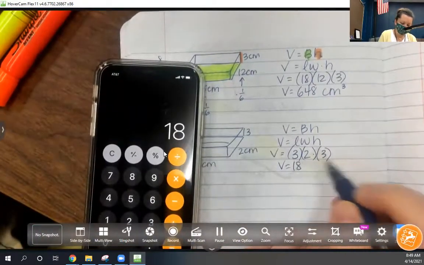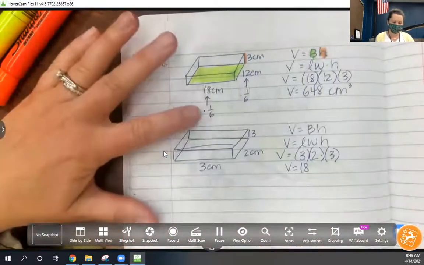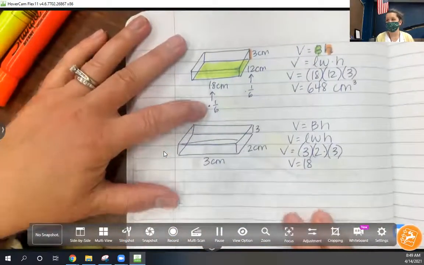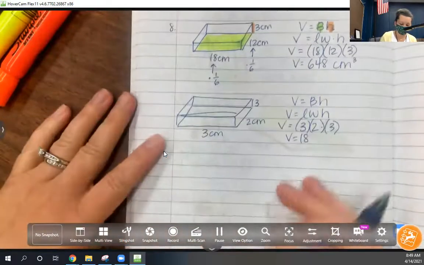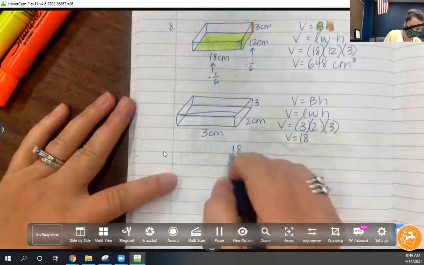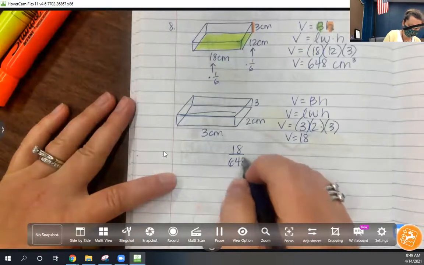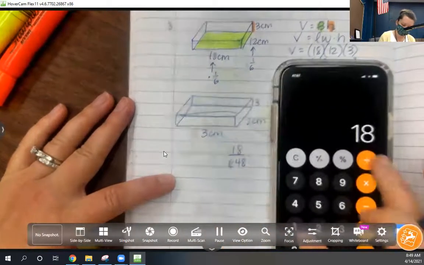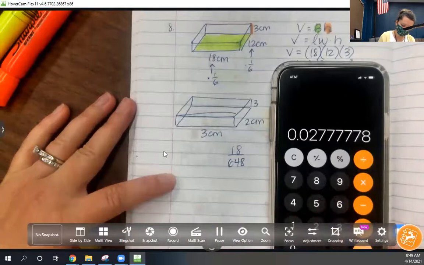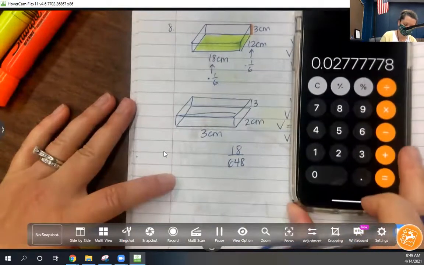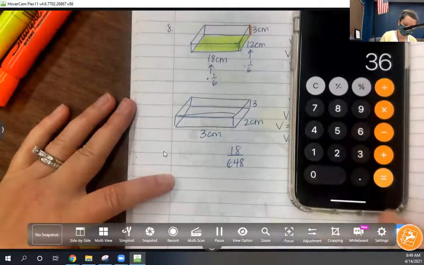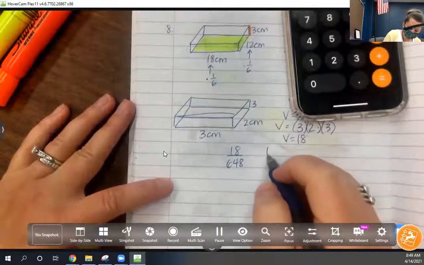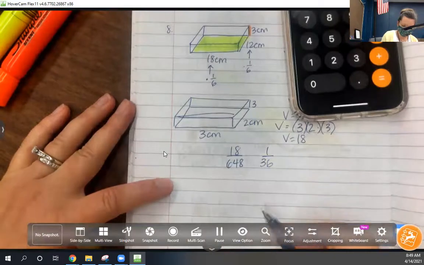So I want to know, if the length and width are 1/6, what is the volume? So let's see what this ratio is when I put 18 over 648. It's 0.2. So let's see if I do it the other way. Divided by 18, 36. So it's 1/36. Interesting, right?